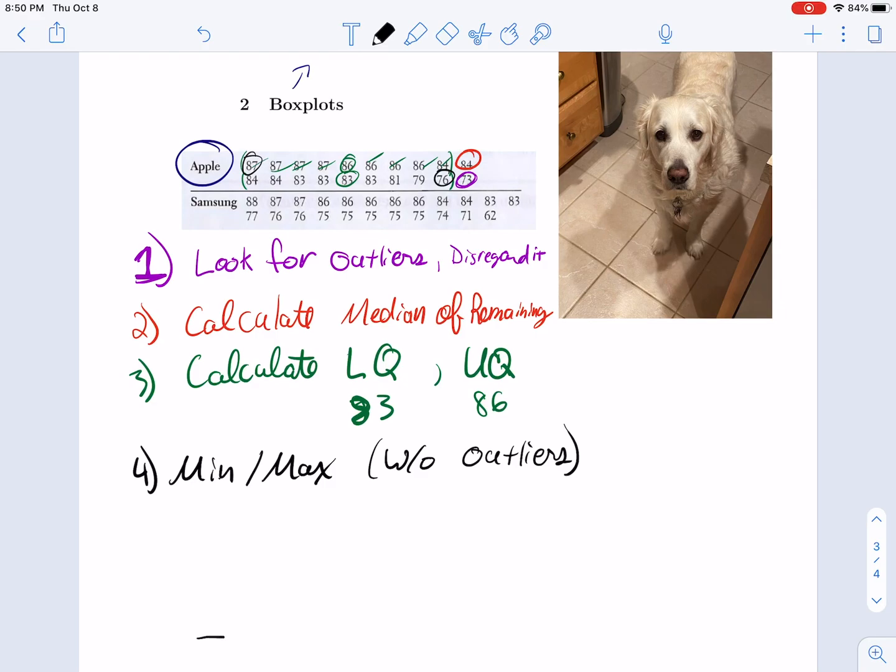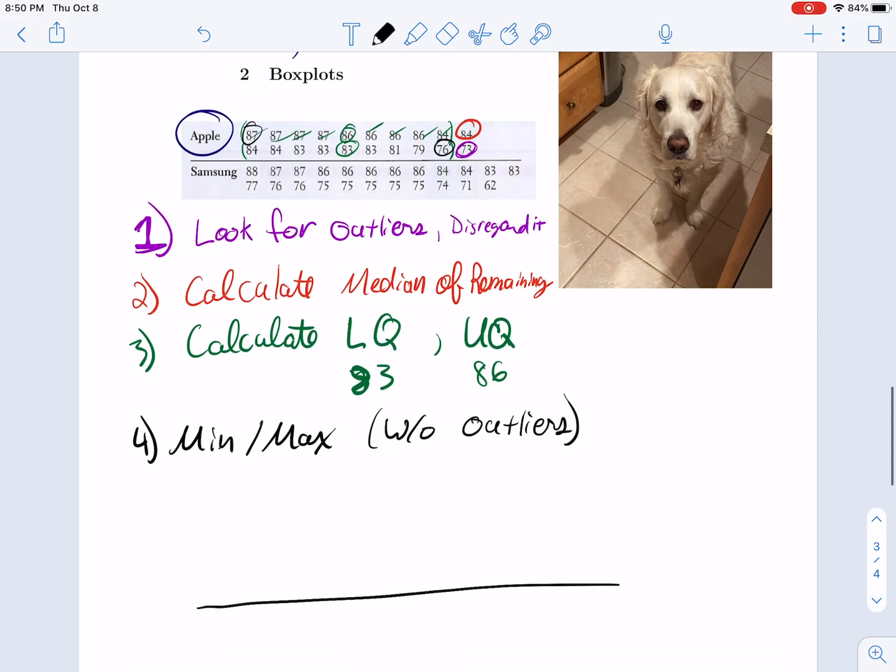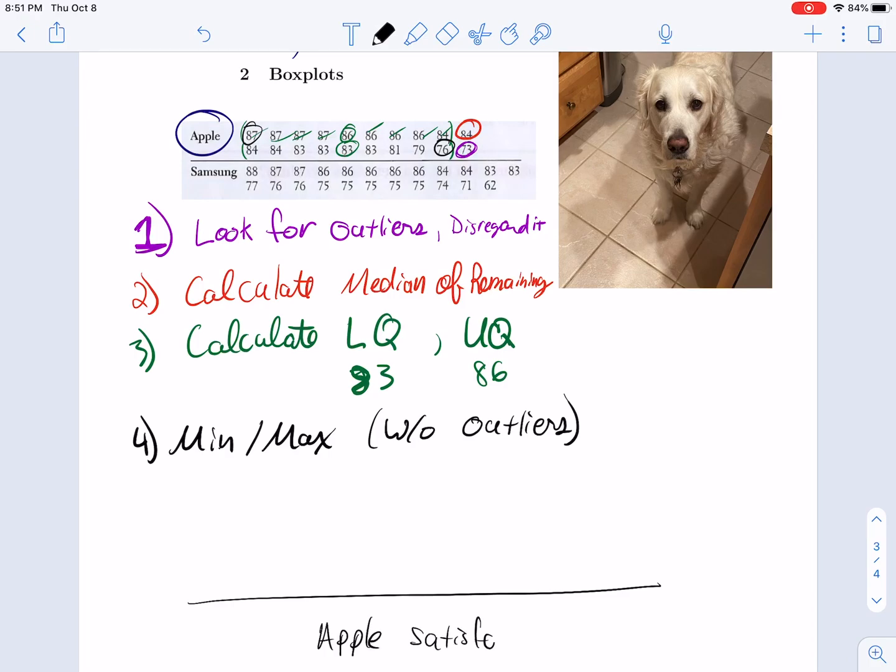We start on the bottom with a key, right? And what do we put on it? First off, I'll make it a little straighter. Right, we start with a key on the bottom. So this is Apple satisfaction. That's one way we can put it, Apple satisfaction.